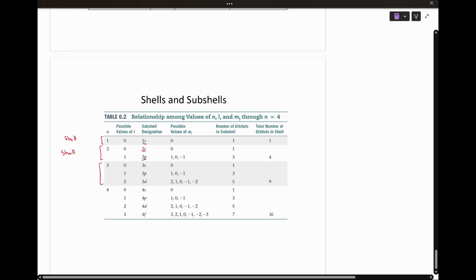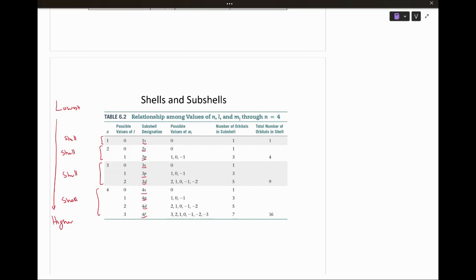For n equals 3, that shell can have the 3s, the 3p, and the 3d. And for n equals 4, that shell contains 4s, 4p, 4d, and 4f. And these are organized from lowest energy up top to higher energy as you go down.